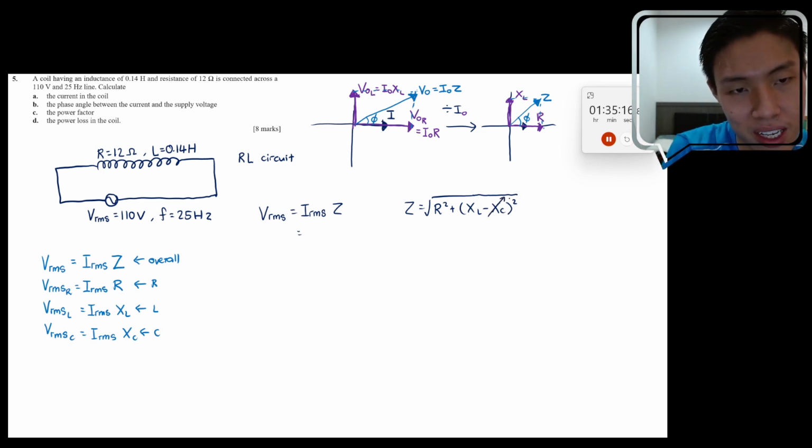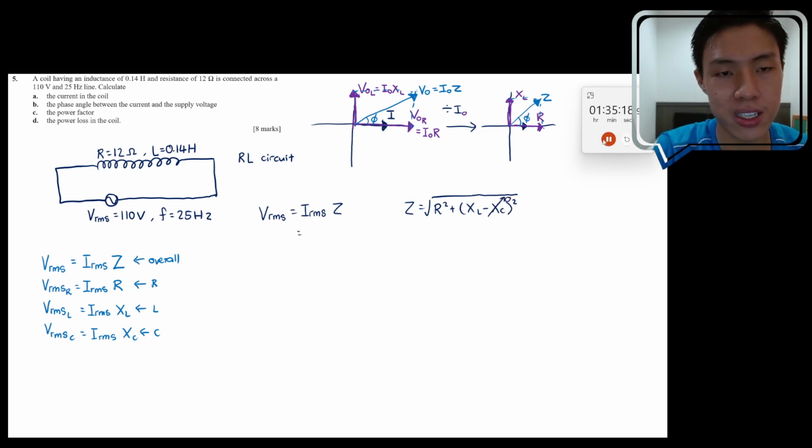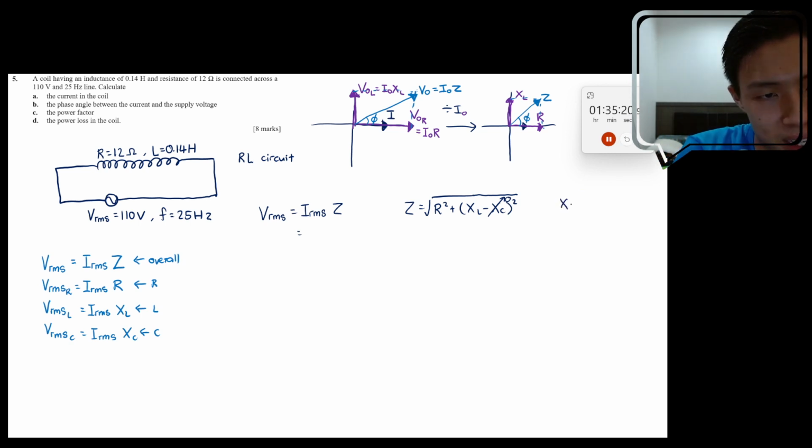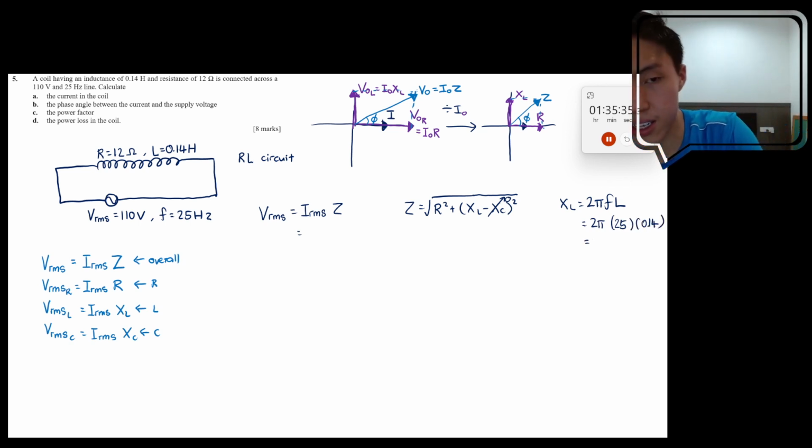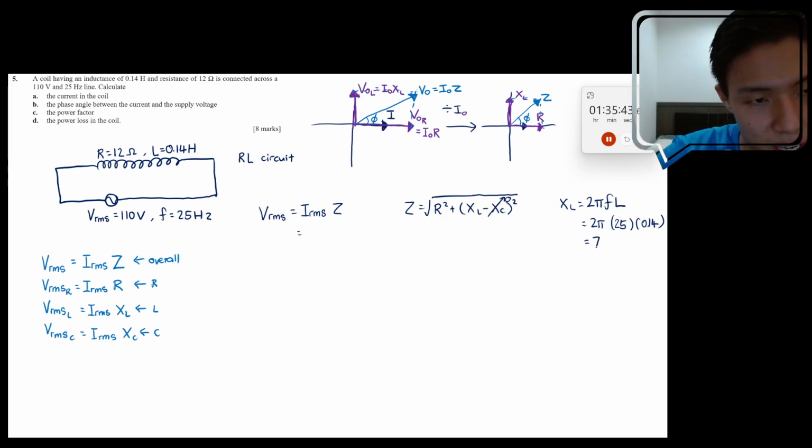XC here will definitely equal 0 because there's no capacitance, so you need to find XL only. XL is equals to 2 pi F multiplied by the inductance. Frequency is 25, inductance is 0.14. 2 pi times 25 times 0.14, that's 7 pi. The unit for inductive reactance is ohm.